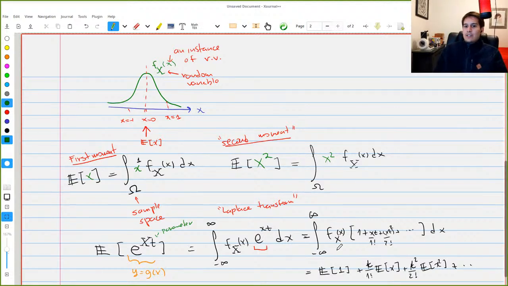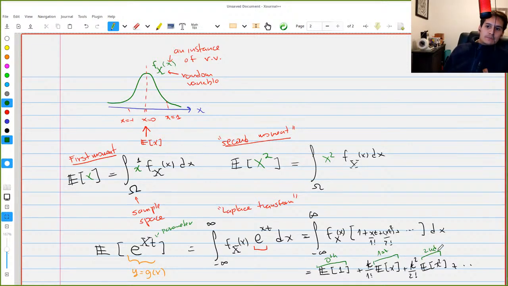And that's why it's called the moment generator function, because here you have the 0 order moment, here you have the first moment, here you have the second moment, and basically this is a function with respect to t. What happens if you evaluate this function at t equals 0? You delete everything and you obtain the first one.